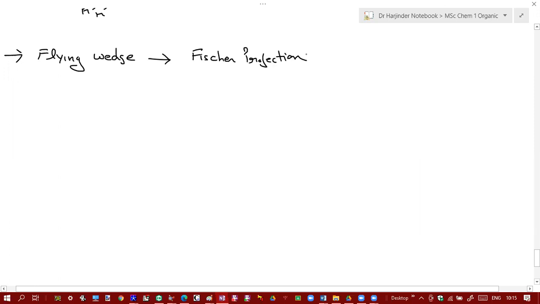Suppose you are given any flying wedge structure. Suppose I write A, B, C, D, and we have to convert it into Fisher projection. So how will we convert it?